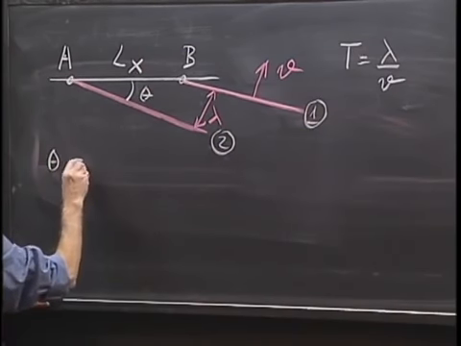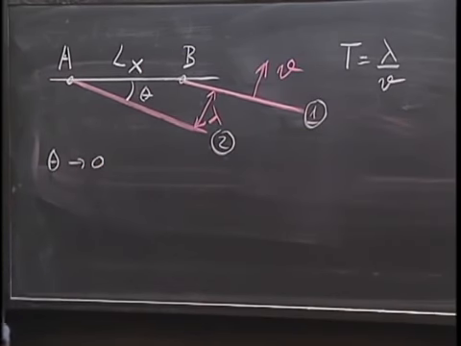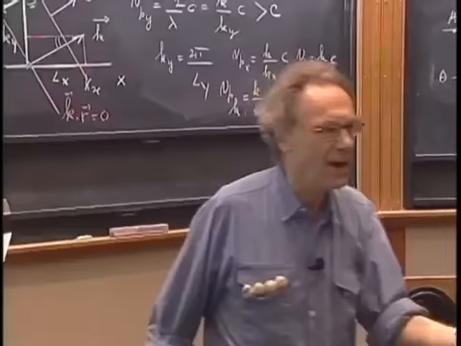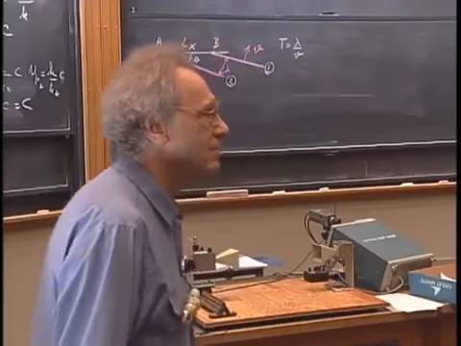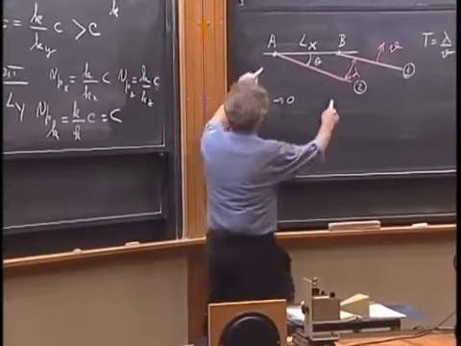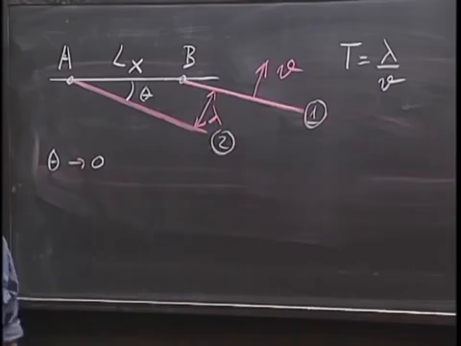And when theta goes to 0, that difference in arrival time goes to 0. Both A and B will at the same moment in time see that wave. So that means that in that case, when theta is 0, this L of x becomes infinitely large.